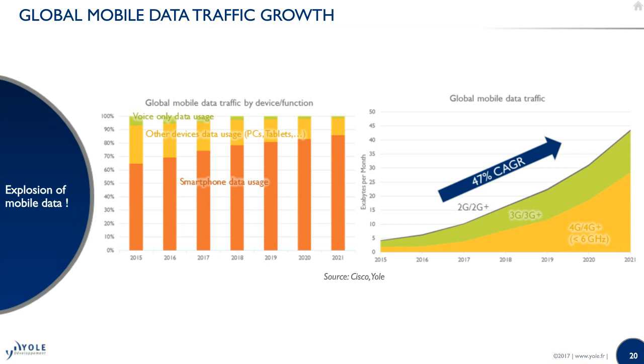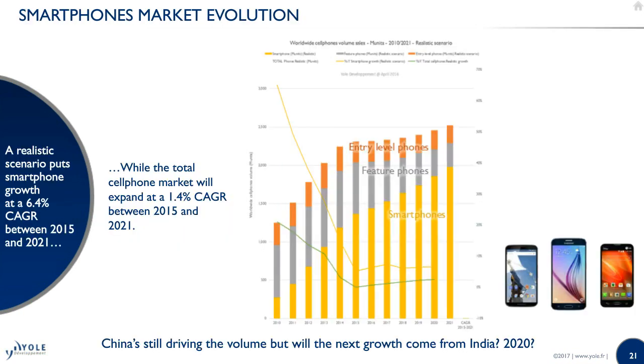So let's have a first glance at this smartphone market evolution. People are getting a little bit anxious because we used to have very nice growth among cell phones worldwide. And since 2013 or 2014, we're seeing the worldwide sales of cell phones plateauing.